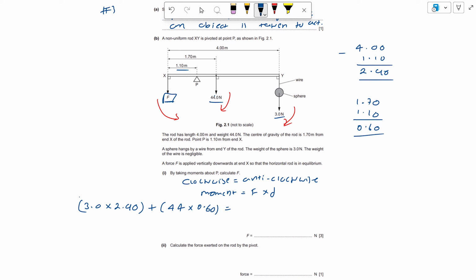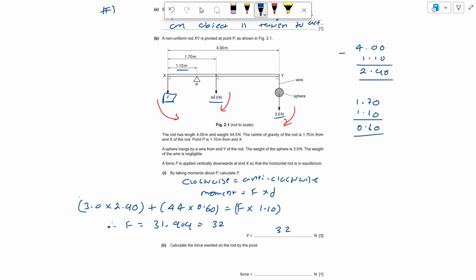This is equal to F times the distance from the pivot, which is simply 110. Therefore, F is equal to 31.909, which gives us 32 newtons.